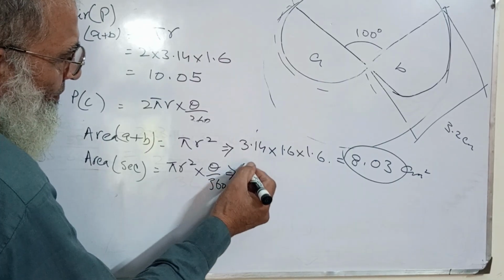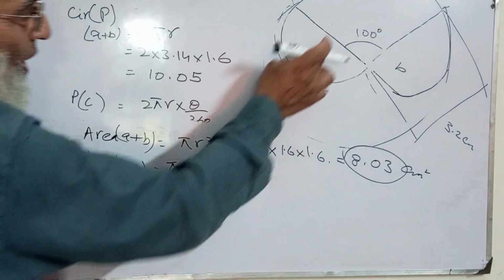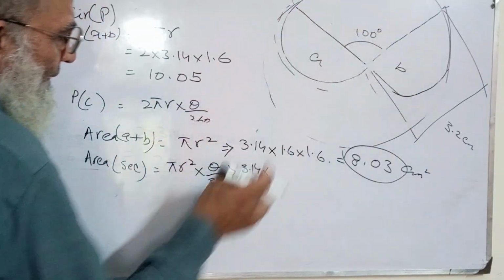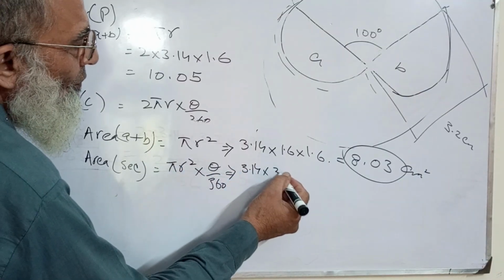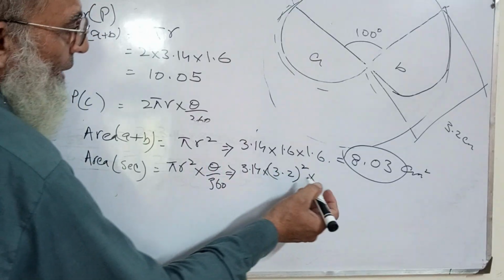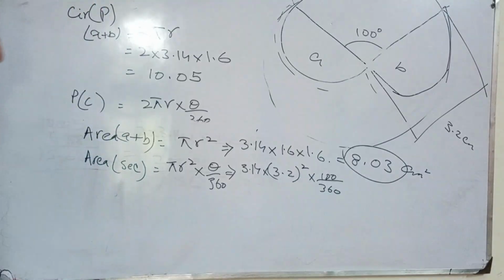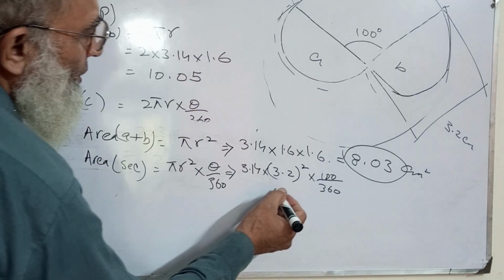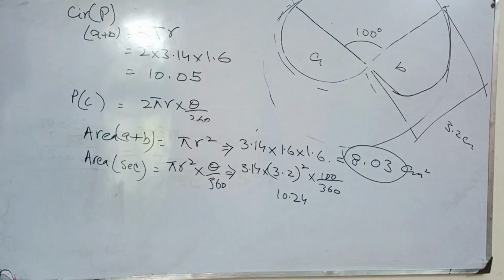So that will become 3.14 multiplied by r, which for this sector is 3.2, the whole square, multiplied by 100 divided by 360. First we will calculate the square: 3.2 squared is 10.24.